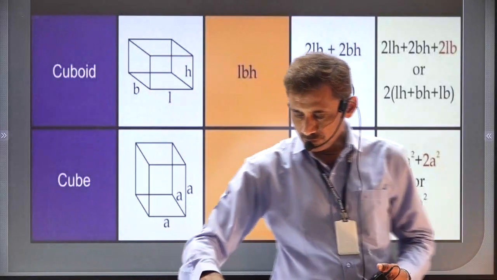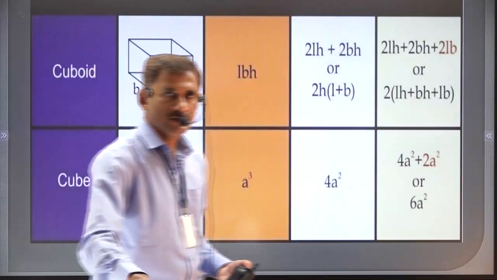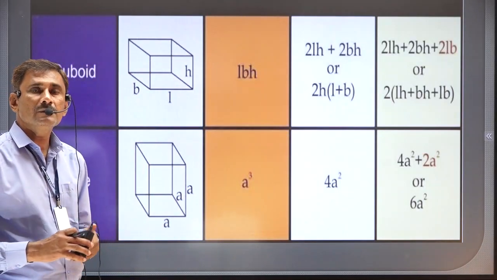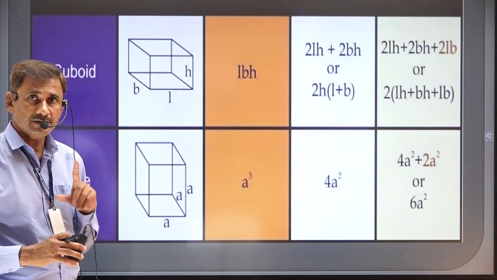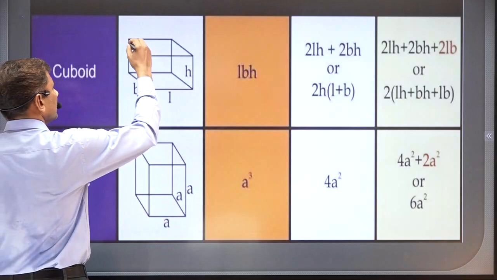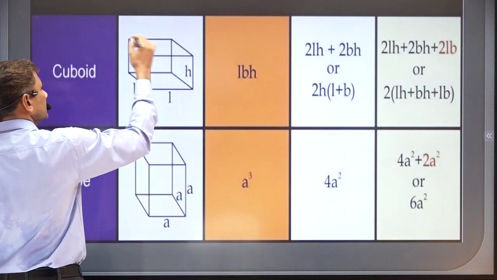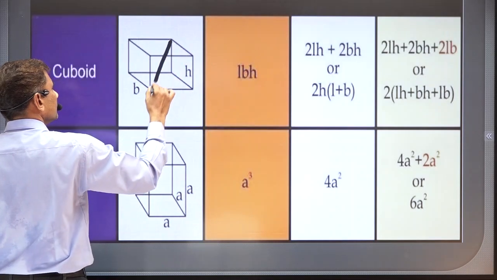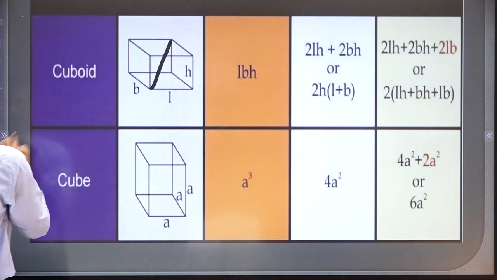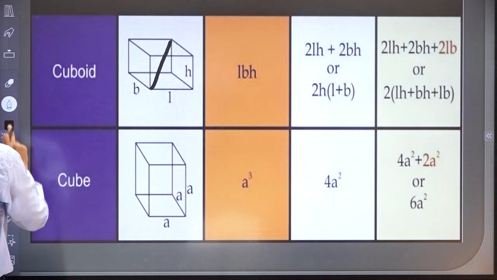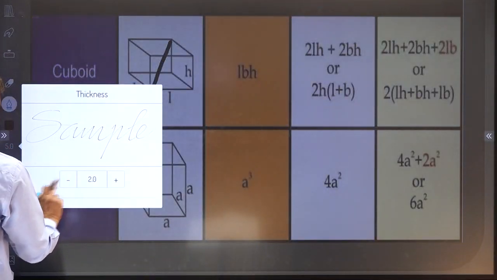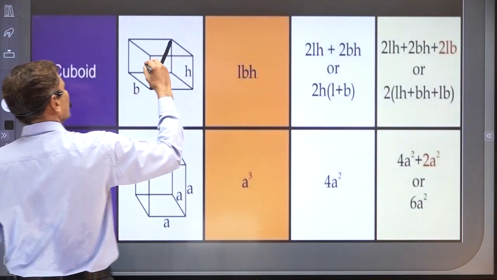Now one more thing we discuss. We just discussed the length of diagonals in cuboid as well as cube, and it will be under root L square plus B square plus H square, and here it will be under root a square plus a square plus a square. If I want to draw this longest diagonal here, how much will it be?